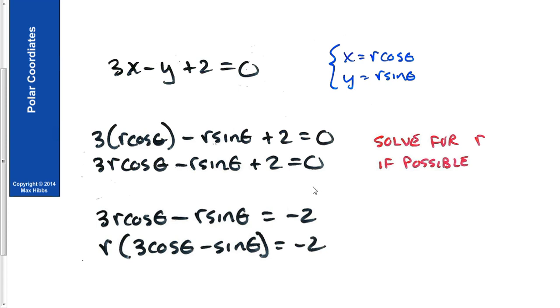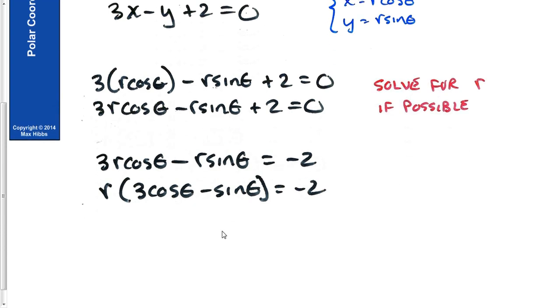So since 2 doesn't involve an r, I subtracted 2 from each side. Now the left side, both terms have an r in them. And the significance of that, if both terms have an r in them, then r is a common factor that can be factored out. So now I've factored r from both of these terms, leaving r times 3 cosine theta minus sine theta.